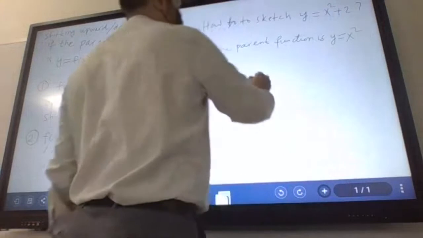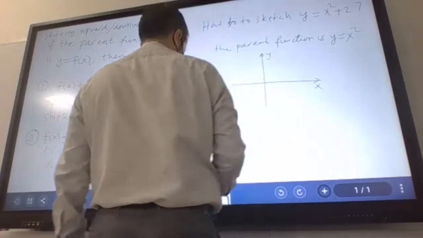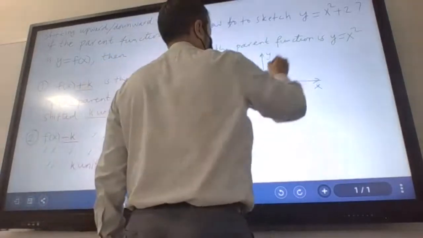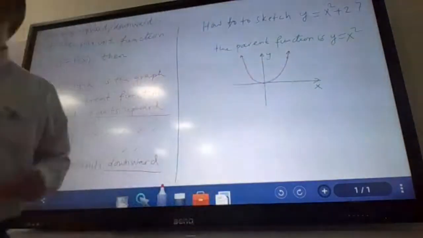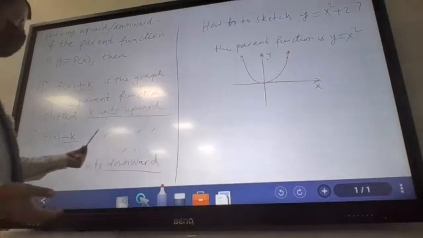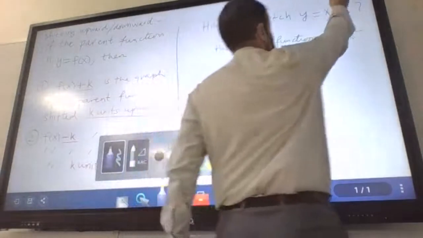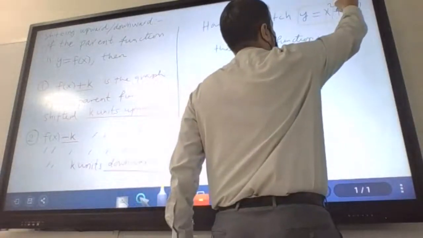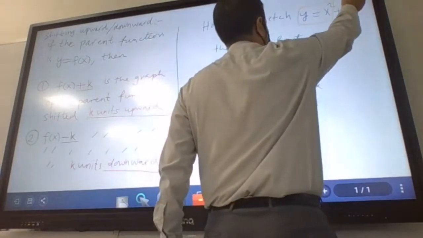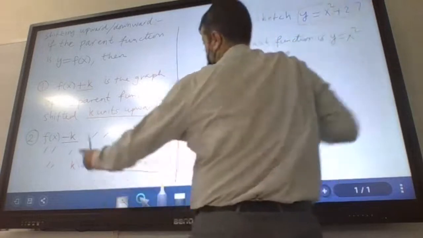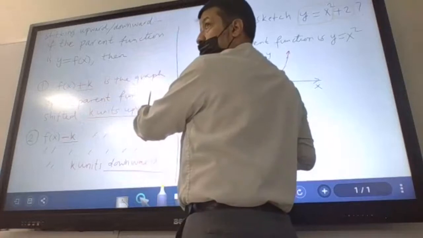I know the graph of this. Then, applying this rule, x squared plus 2. Just remember, this is the parent function, right? I have to add a 2 outside the parent function. Adding 2 outside the parent function will push the graph k units upward.